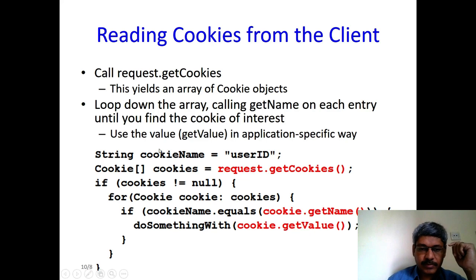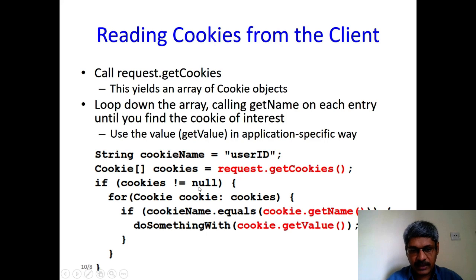Let me give you a small example. Say the cookie name we set earlier was userID. Whenever the next request comes, we check whether the cookie is there. We read request.getCookies, which gives us an array of all the cookies. If there are no cookies, it will be null.